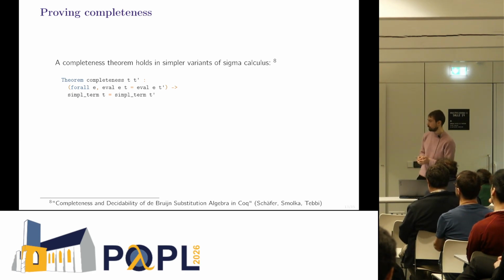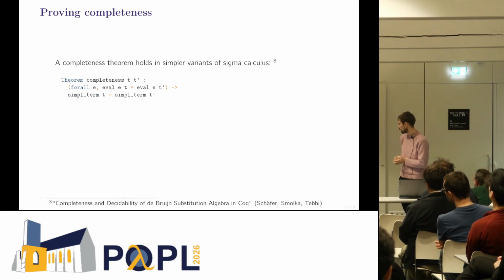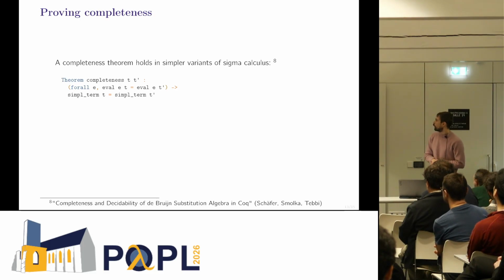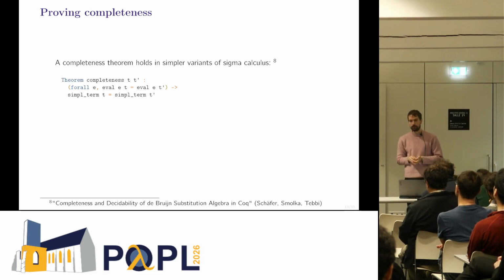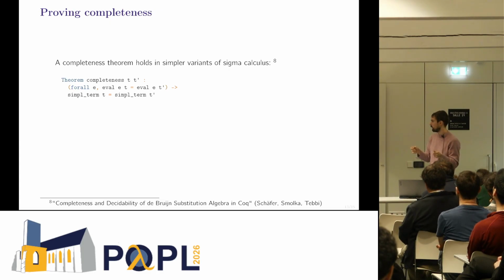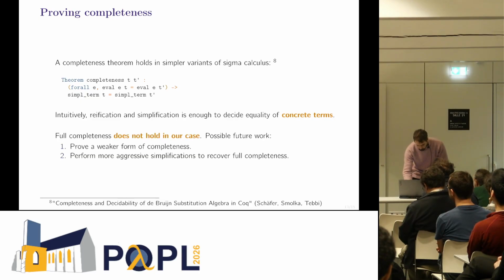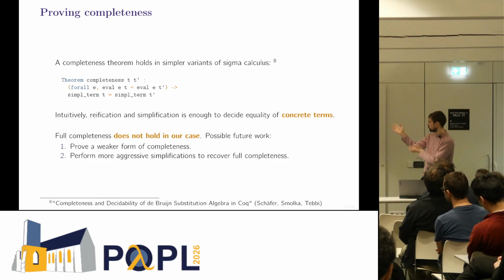Because in fact, in simpler variants of sigma calculus, there is a completeness theorem in this paper by Schäfer, Smolka, and Tebbe, which essentially says that if you have two terms in explicit syntax and the evaluations are the same, then you can join them via simplification. And intuitively, this says that asimpl should be enough to decide equality of concrete terms. Unfortunately, this does not hold in our case, and there's some interesting future work here.